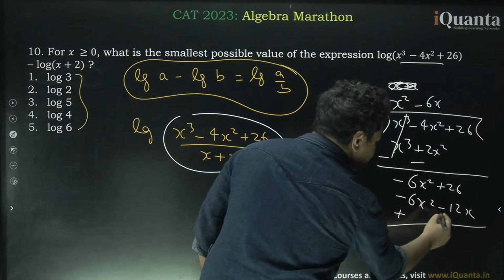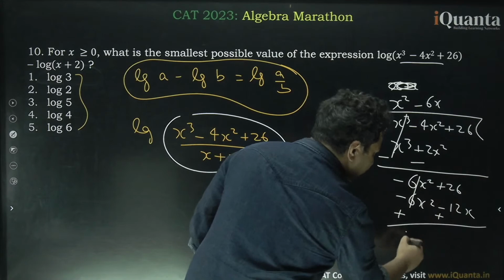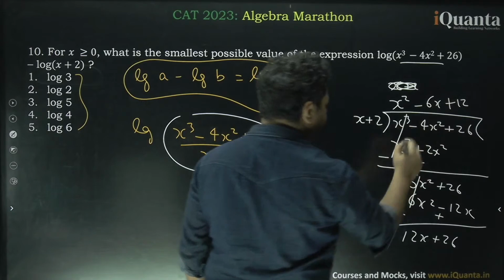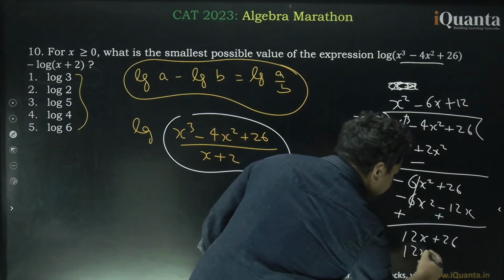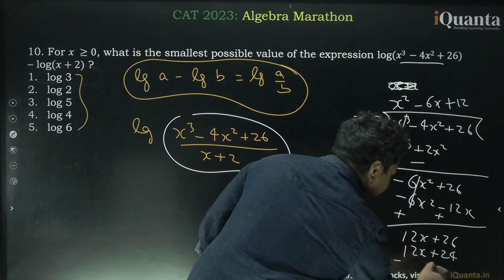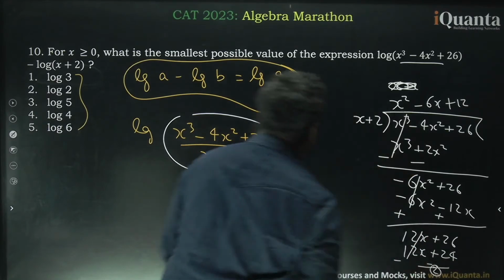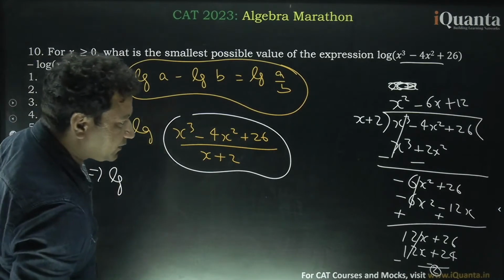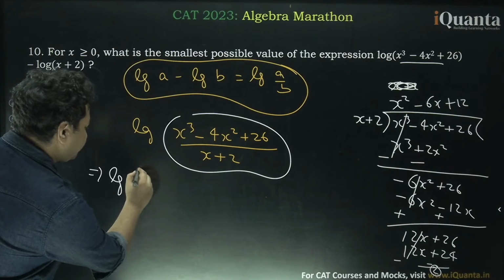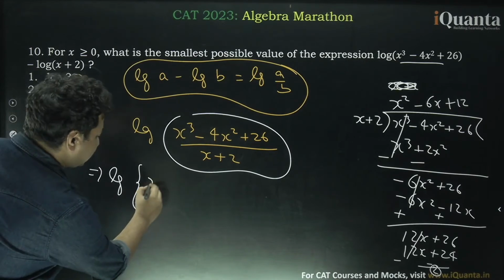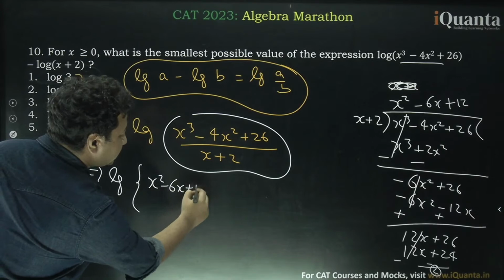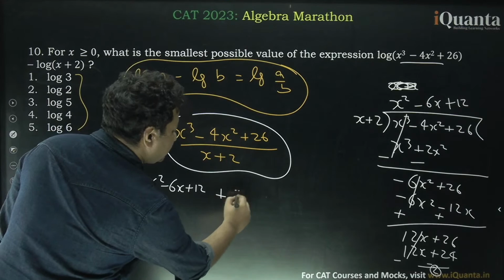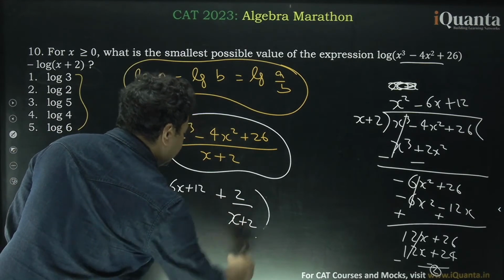Let us subtract, this cancels and you will be having 12x plus 26. Now, if you put plus 12 over here, you will be getting 12x plus 24. Subtracting, the remainder is 2. So now, I can write it as log of x square minus 6x plus 12 plus 2 upon x plus 2. That is what we have.